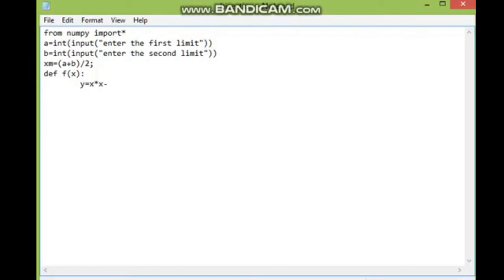I return the value of y from this function, and then I go for checking whether f of a into f of b is a negative value. Because we need f of a into f of b negative, only then can we find the root, because in between these values we need f of x equal to 0.